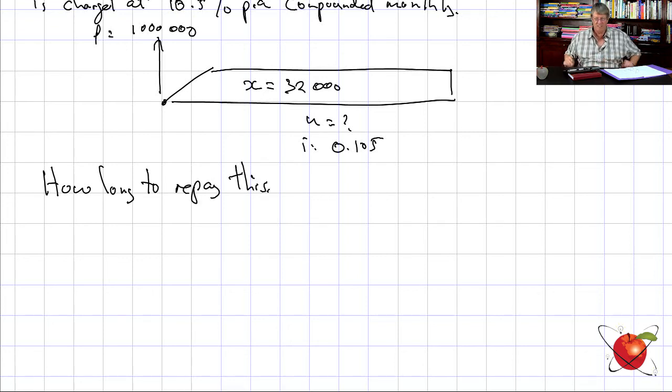You can see that this is a different way of asking the same question. How long do I take to repay it? Well, we use the same thing. P is known.